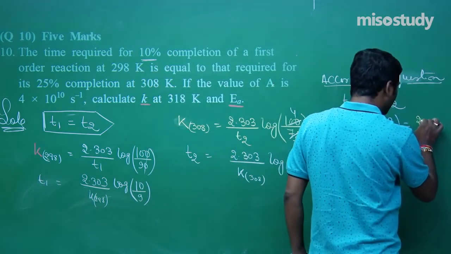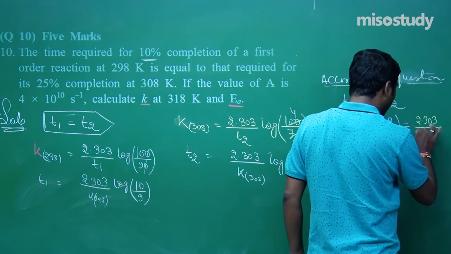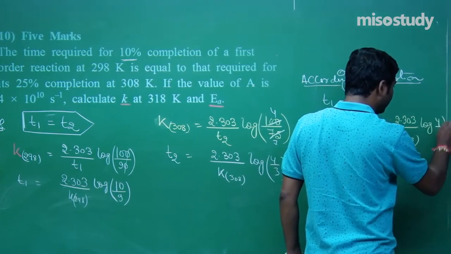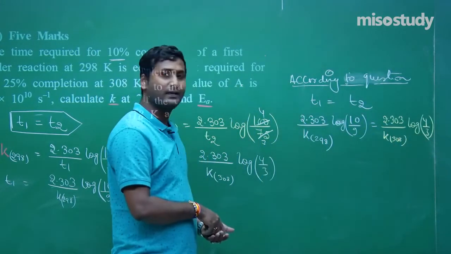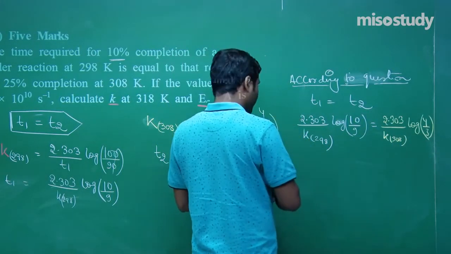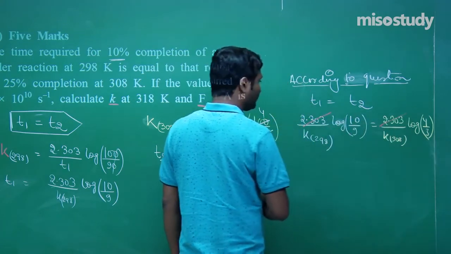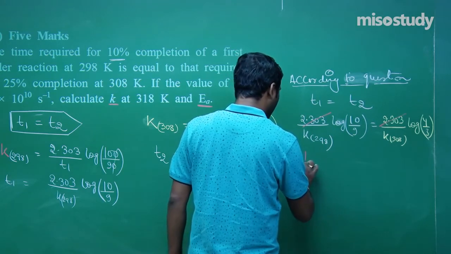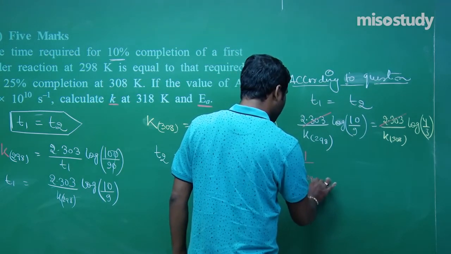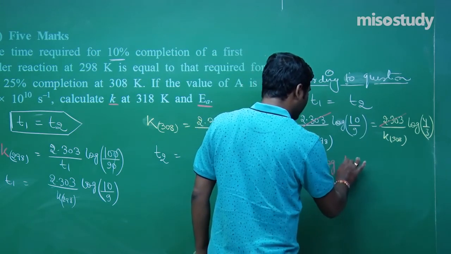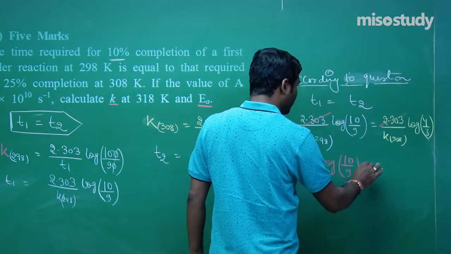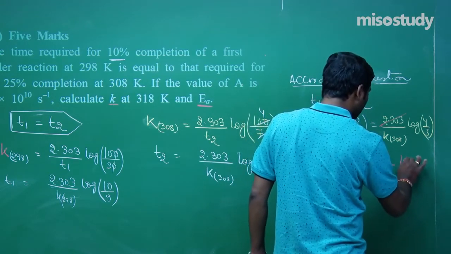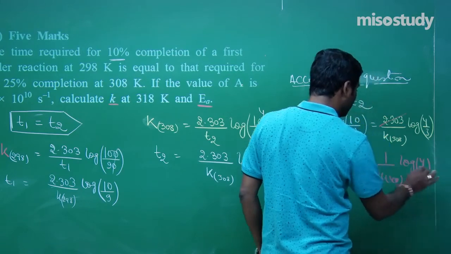T2 is 2.303 upon K308 log 4 by 3. Yes sir, log 4 by 3. Now what will happen? This 2.303 will cancel, so we can write 1 upon K298 into log 10 upon 9 is equal to 1 upon K308 log 4 by 3.